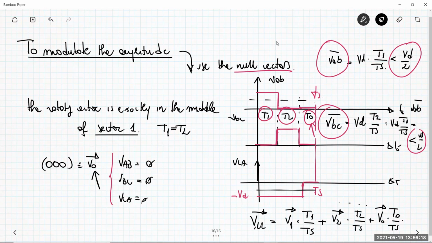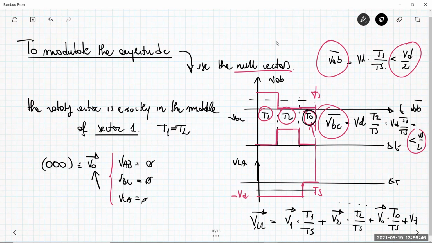Typically, for reasons that I want to explain later, even if one of the two null vectors is enough for defining the amplitude, as I show in this graph here, typically for enlarging the efficiency of the system, the two null vectors are employed. Not only T0, but V7 is employed also.